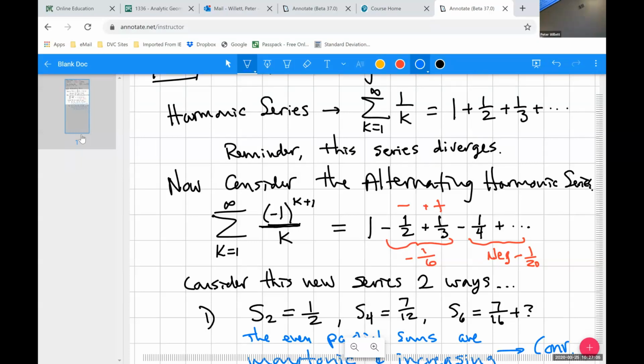So the thing to recognize is if I then make the terms alternate in sign, then it's going to be a lower result, even with the partial sums, than if they were all positive. If they're all positive, they're all causing the sum to increase.